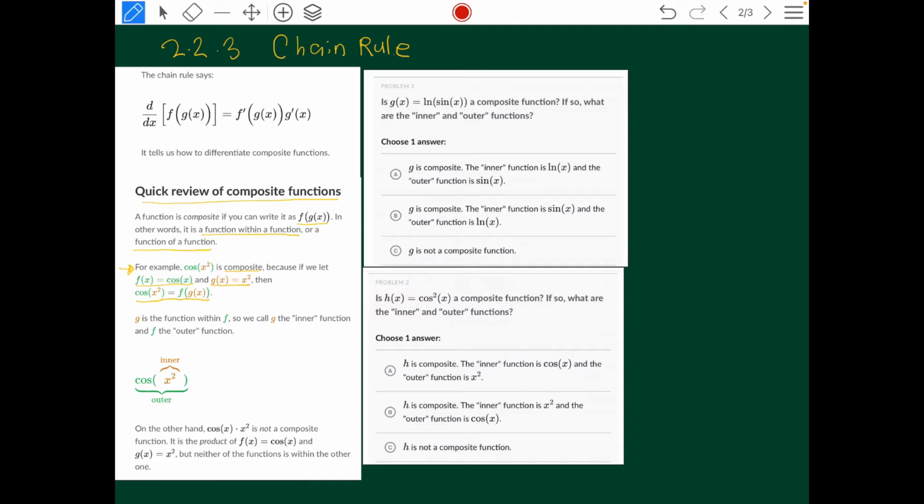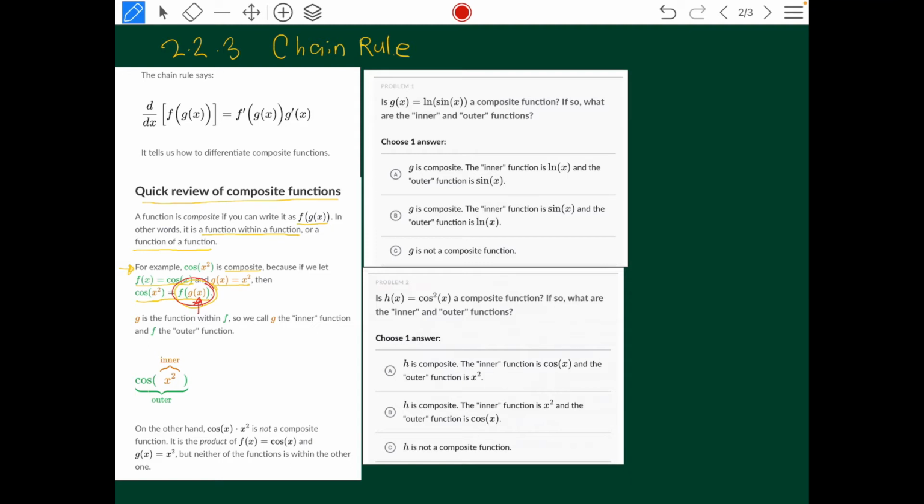Makes sense now? f(g(x)) is a composite function in the sense that there is a function within a function.